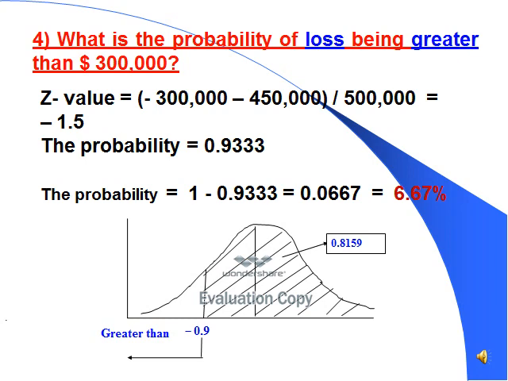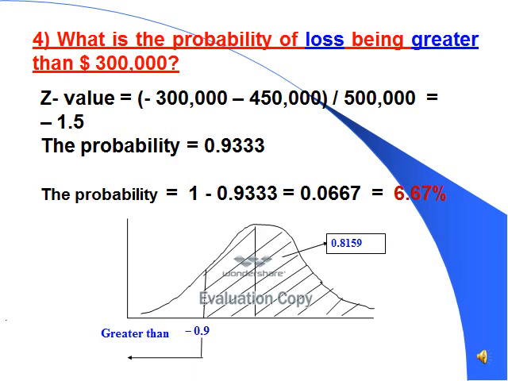From the table, at Z equal 1.5, the probability is 0.9333.